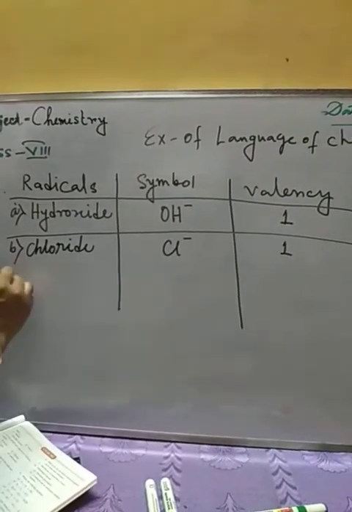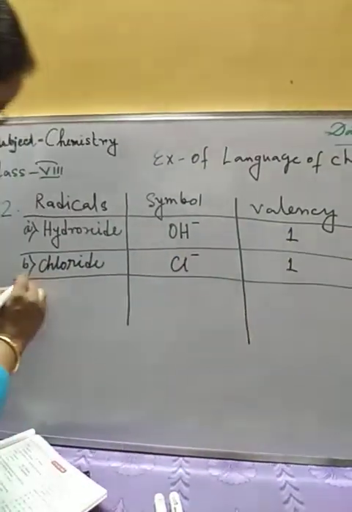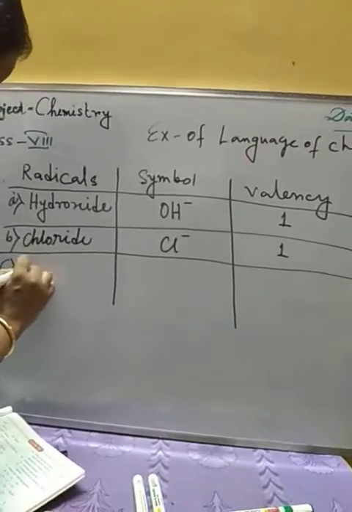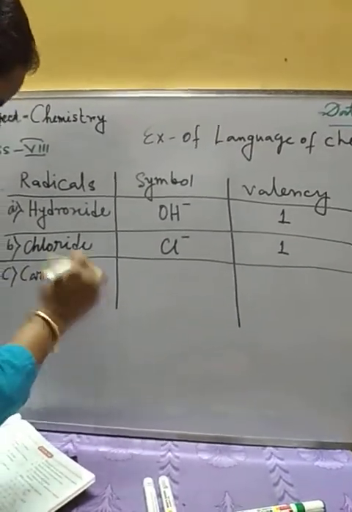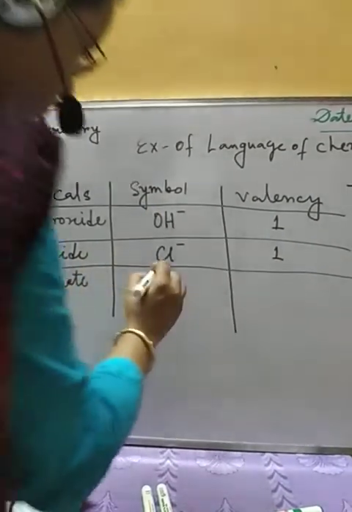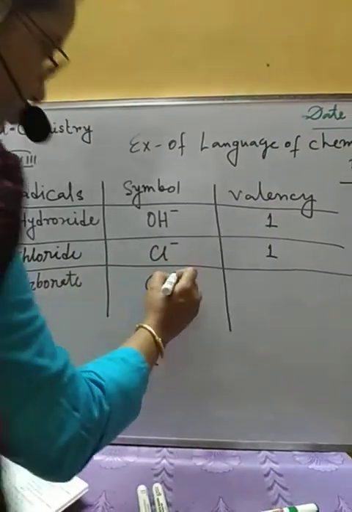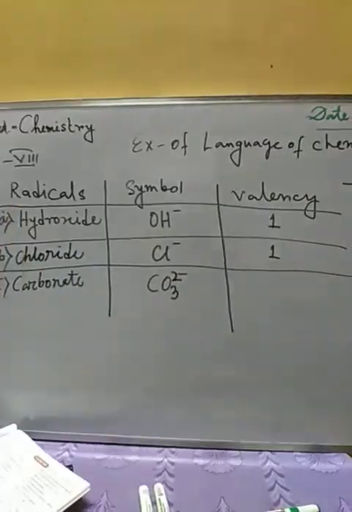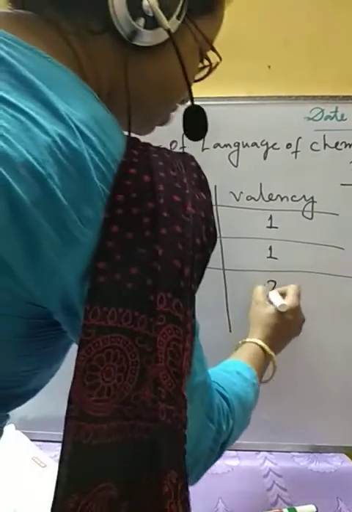Next, carbonate, CO3 2 minus. So here the valency will be 2.